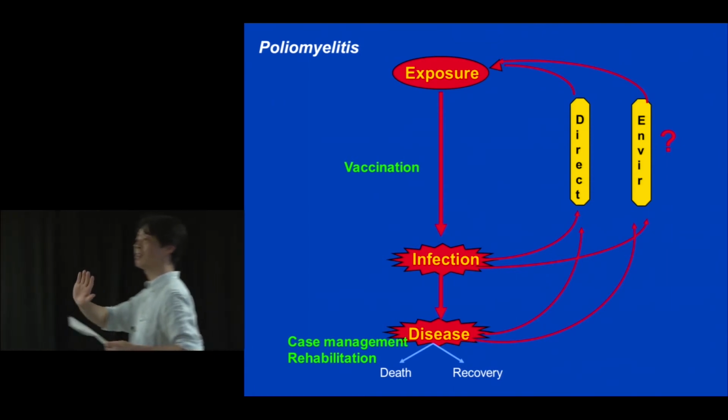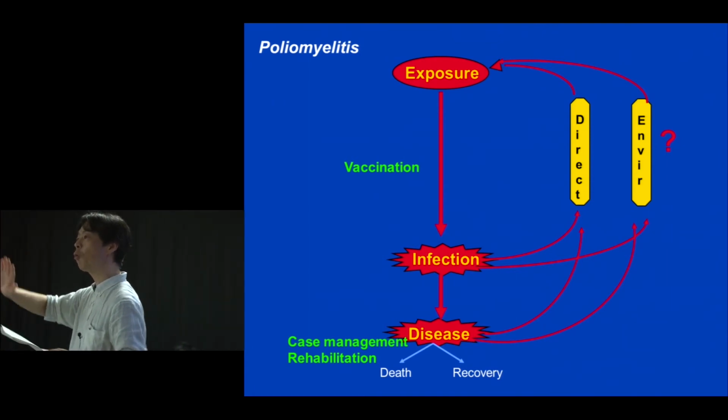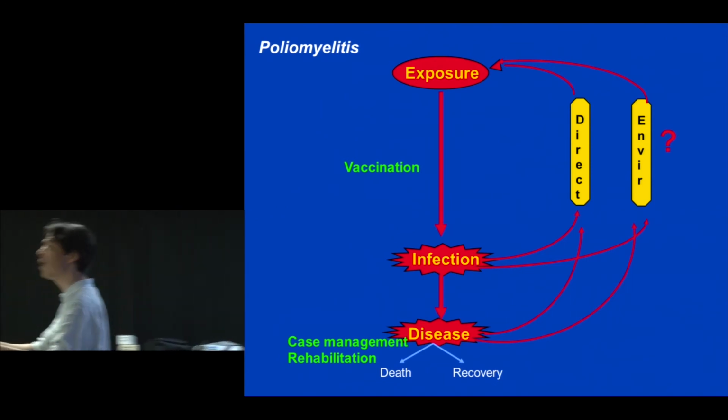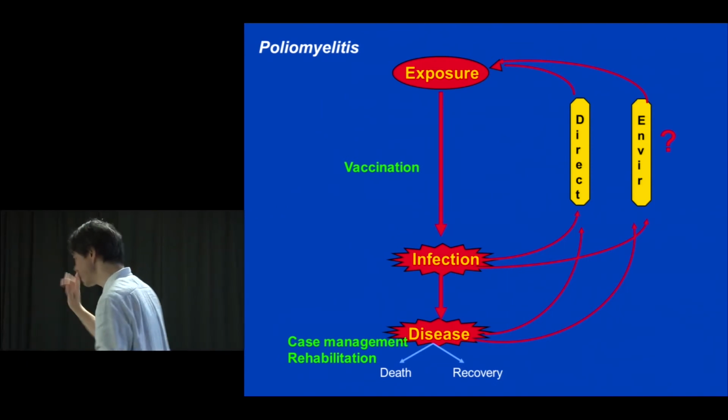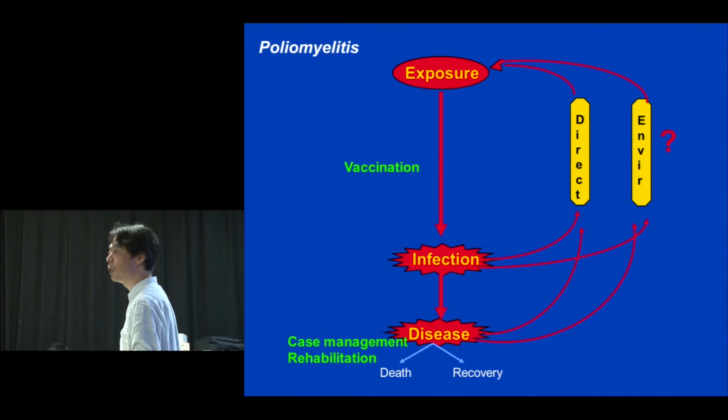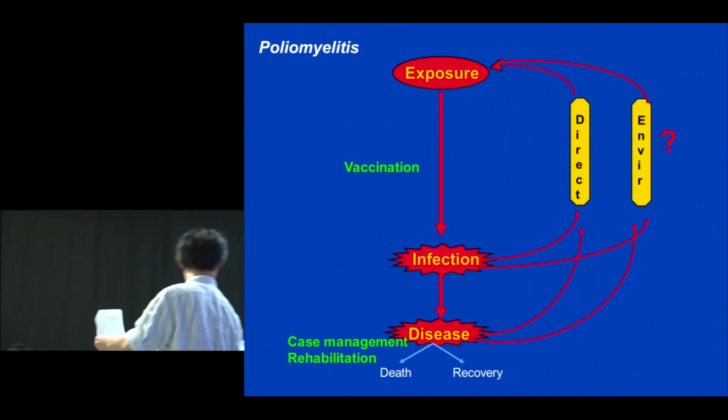So the minister asked you to prioritize these 12 diseases, high, medium, low. So that's the activity you are requested to do in the next 10 minutes.